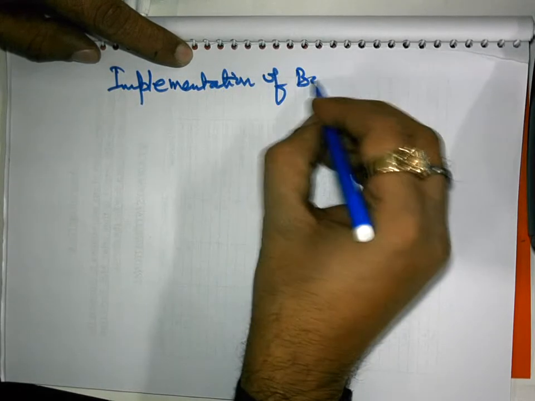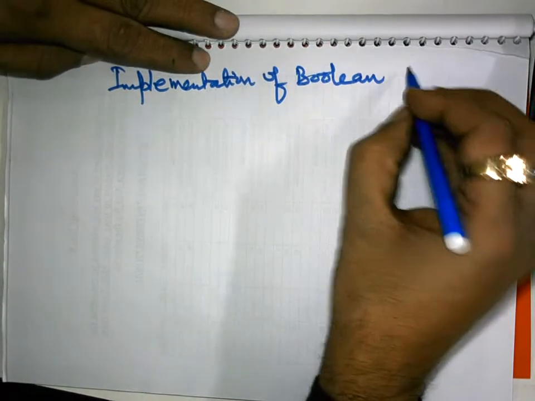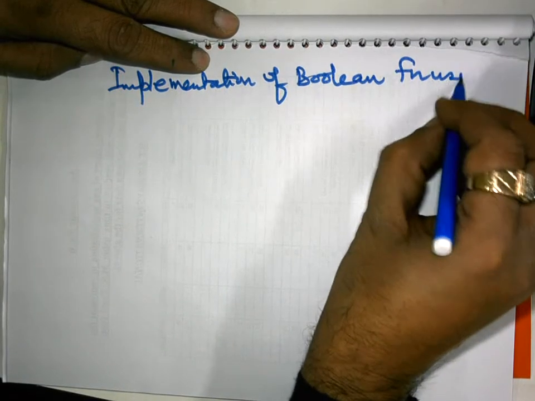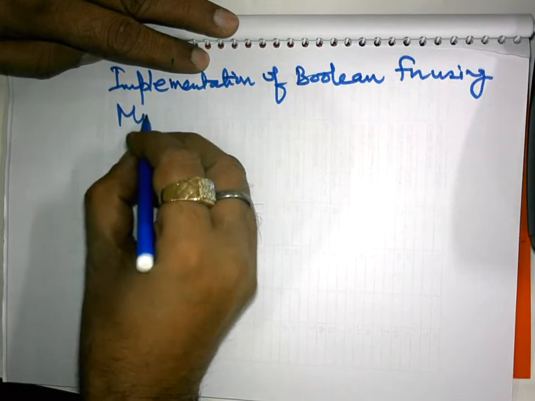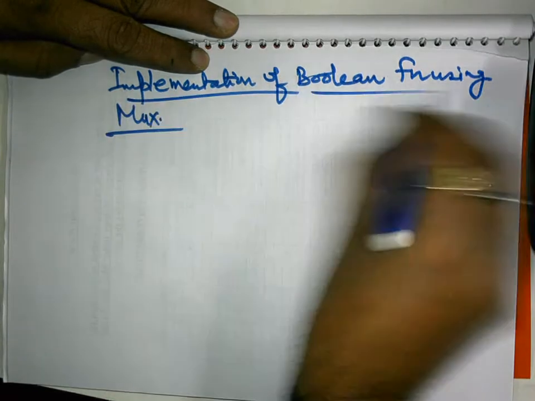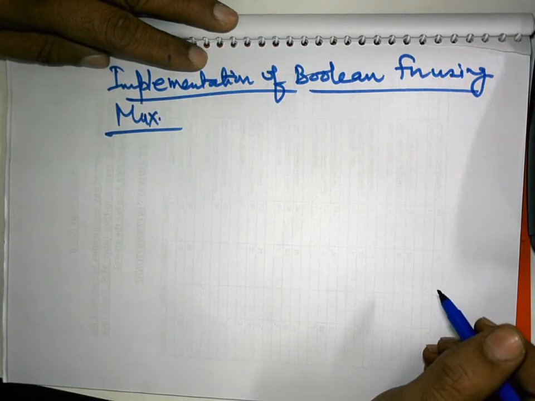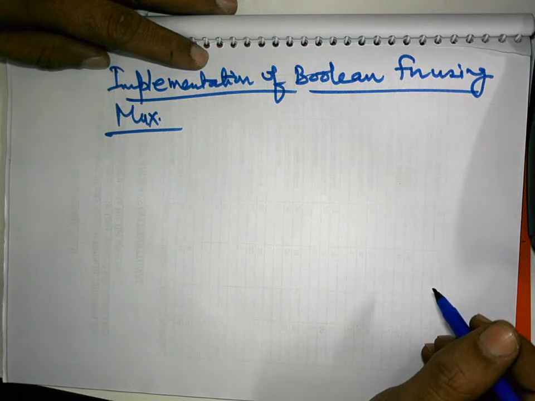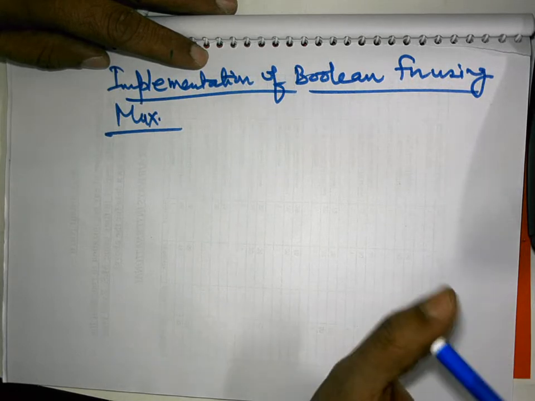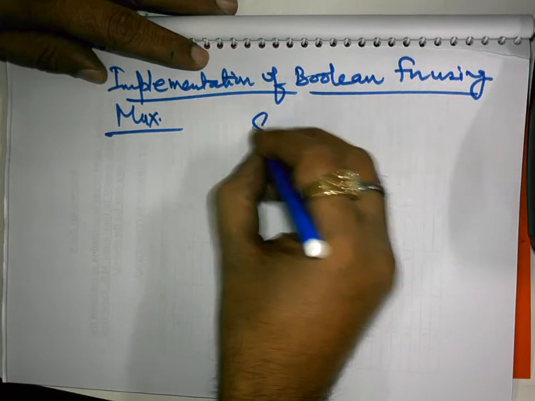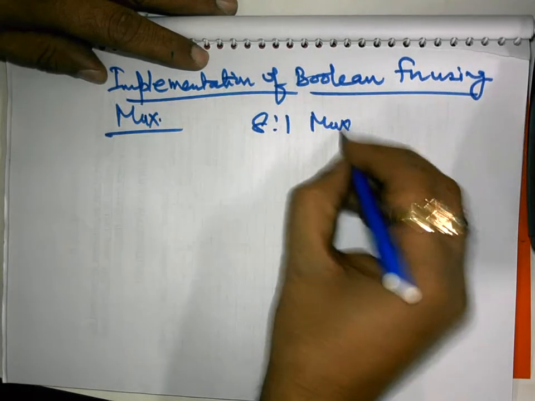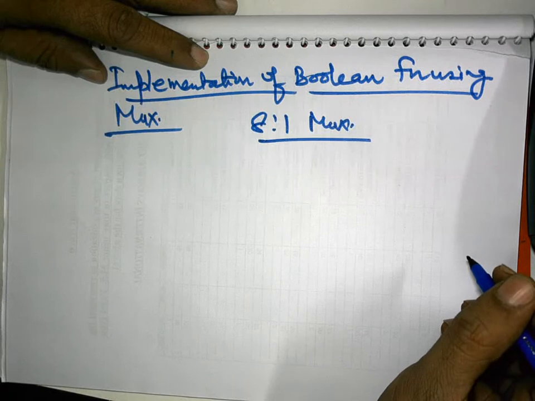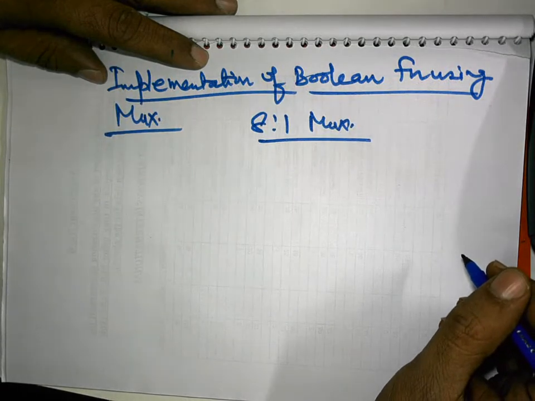Implementation of Boolean function using mux. Suppose you have to realize a full adder. I am taking the problem in its simplest form first, using 8:1 mux. Using 8:1 mux, you have to realize the sum output of full adder and carry output of full adder.